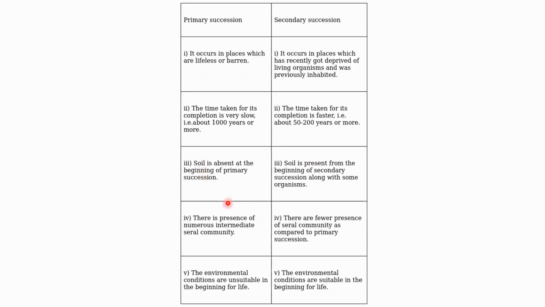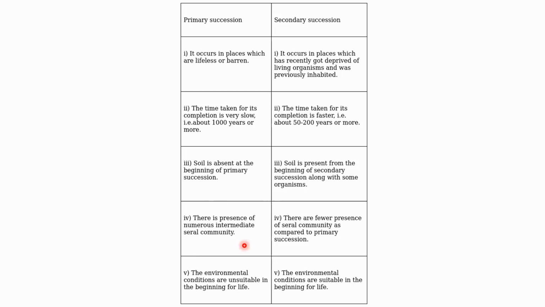Soil is absent in the beginning of primary succession, while in secondary succession, soil is present from the beginning along with some organisms. There is the presence of numerous intermediate serial communities in primary succession, while in secondary succession, there are fewer serial communities as compared to primary succession.